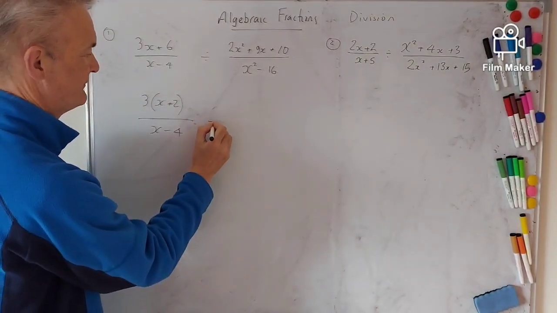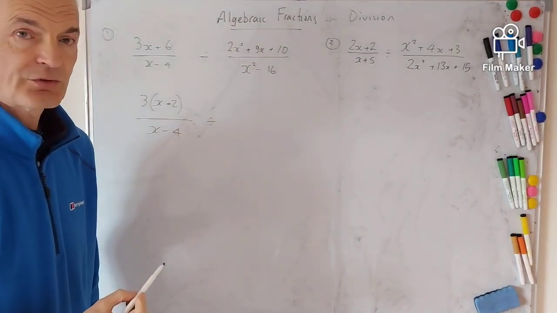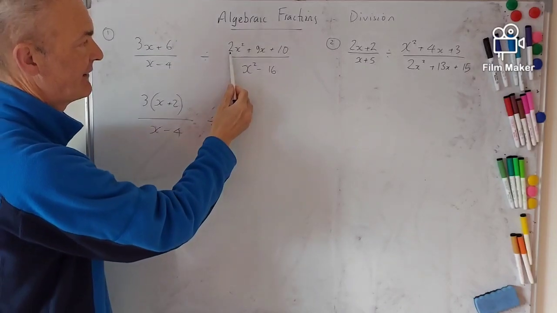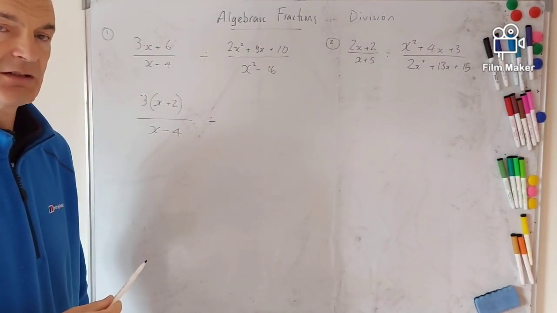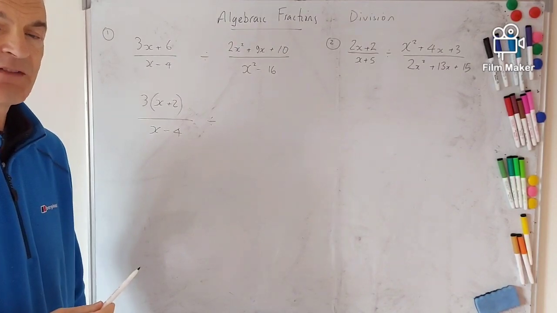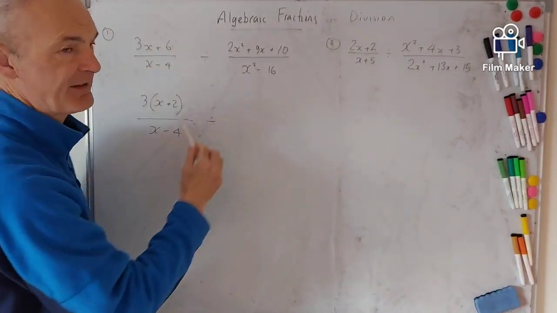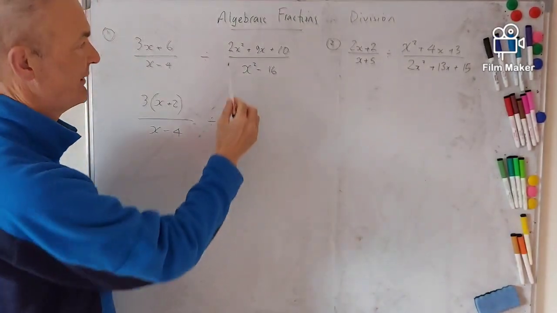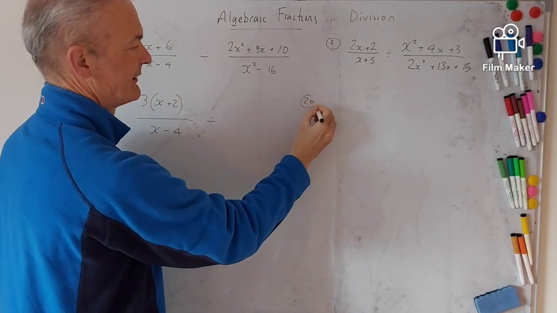Now then, what we've got here is a quadratic and the coefficient here is a 2, so it's a slightly harder quadratic that we need to factorize. So how do we do this? Well, the method I use, there are different methods, but I do 2 times 10 is 20.